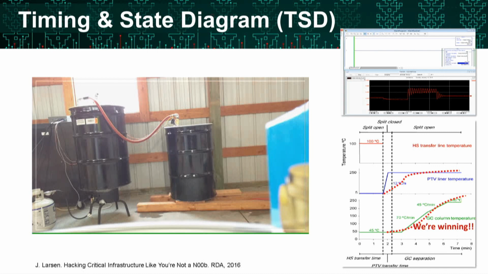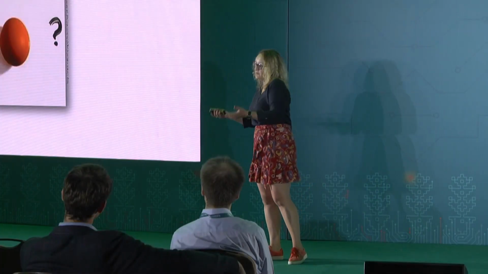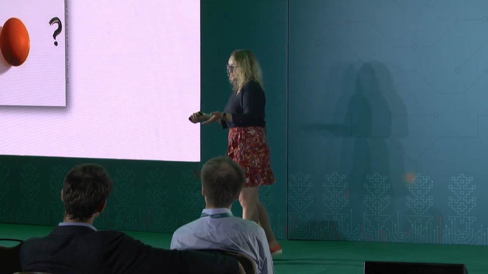So it seems like, as I previously said, we have already a couple of frameworks. So we have some material to start designing this ICS MITRE ATT&CK. But the problem is that me and Jason Larson, we are not real-world APTs. We are researchers. And MITRE is trying to build their framework based on real case scenarios.